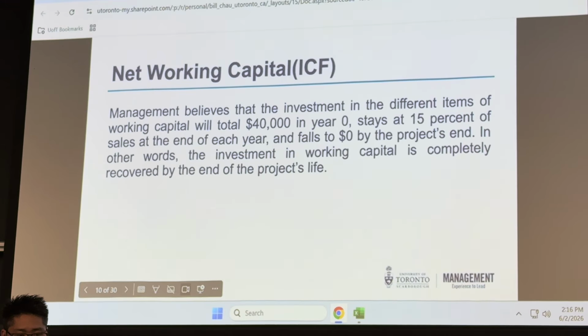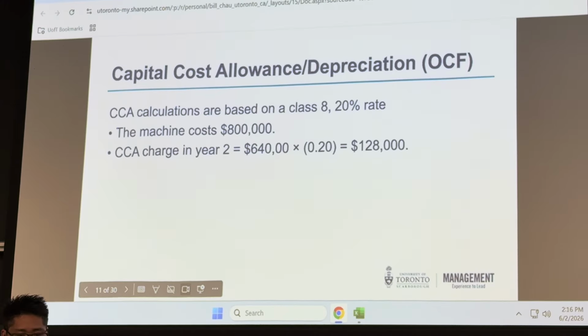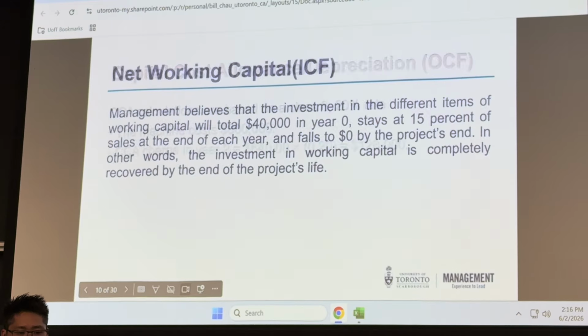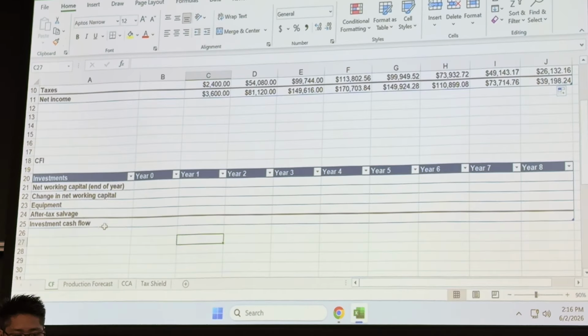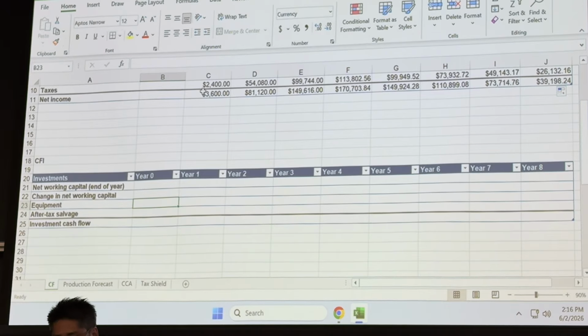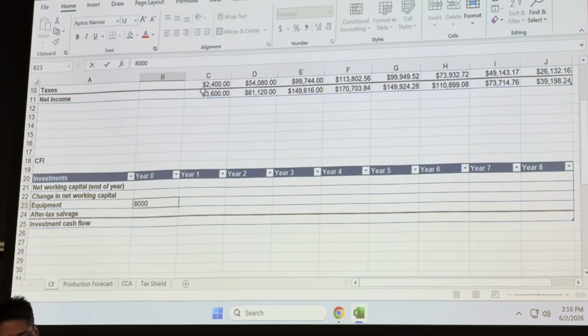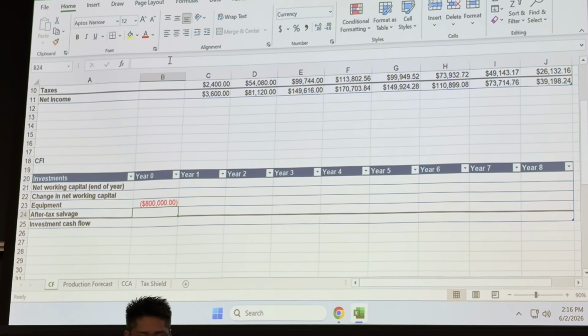All right, equipment. So the equipment, based on the case, is gonna cost $800,000. So remember, this is cash flow. It has to have a direction of cash flow. So the amount is negative 800,000. That's how much it costs right now, year zero.